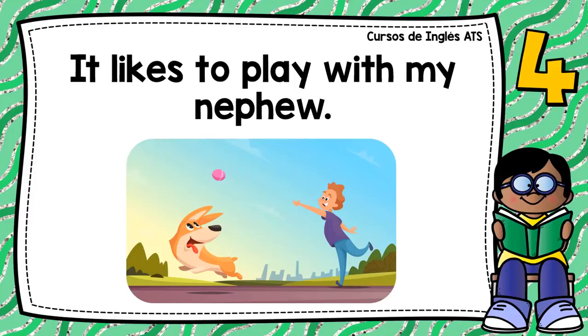Aquí, ¿por qué le tenemos que agregar una S al verbo like y decir likes? It likes. Recuerda, cuando es una oración afirmativa en el presente simple usando he, she, it, le tienes que agregar S al verbo.